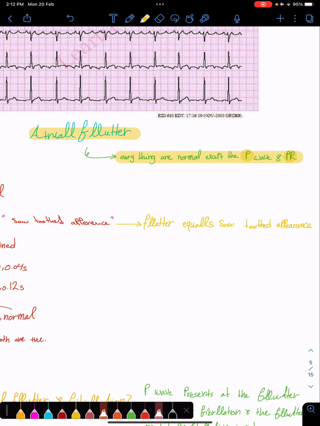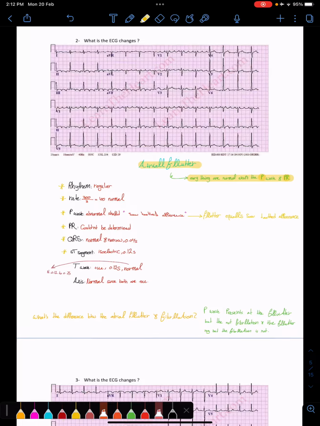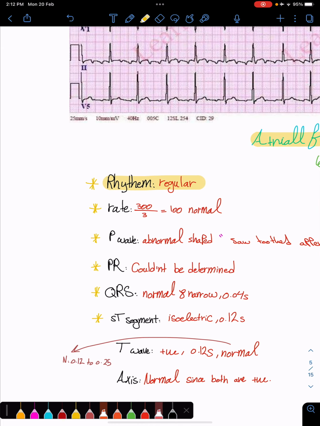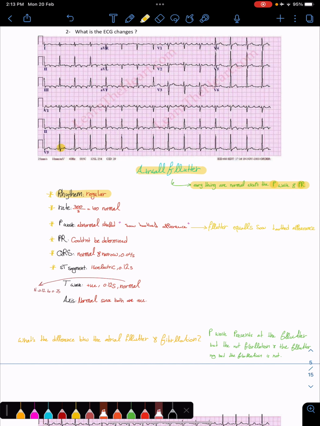The P wave and the PR are normal here. The rhythm is going to be regular, just how they are regular in the atrial flutter.